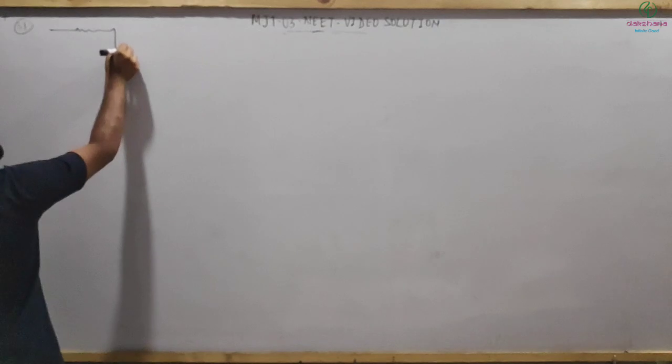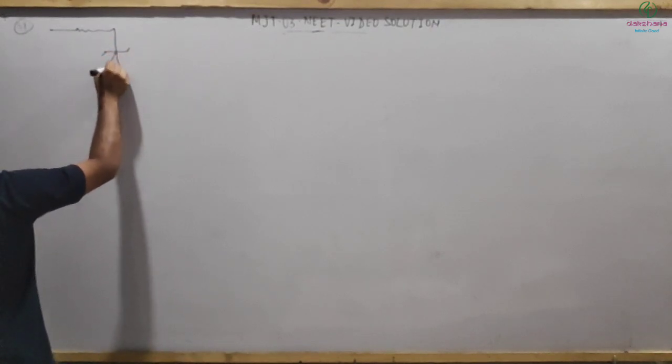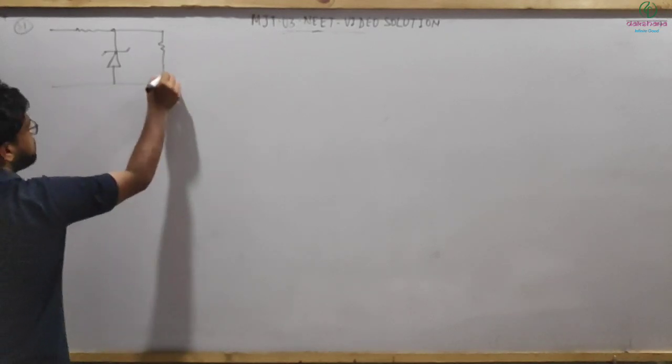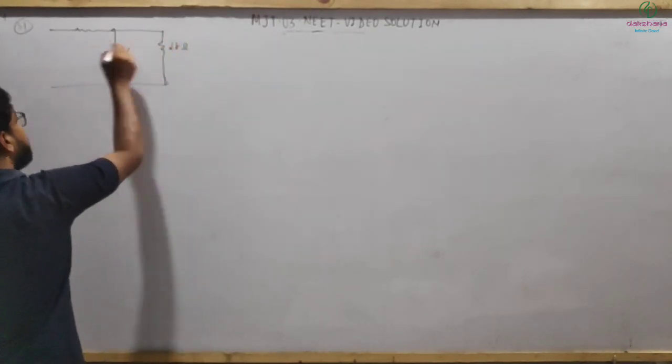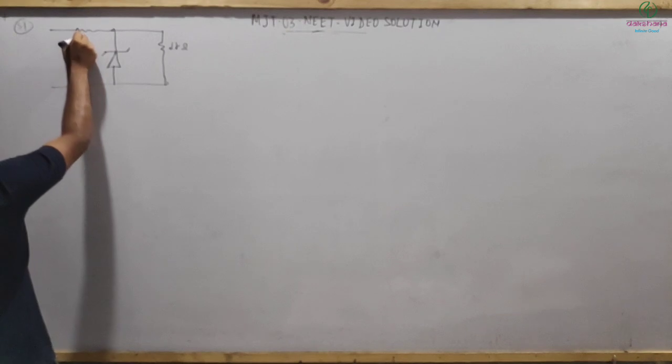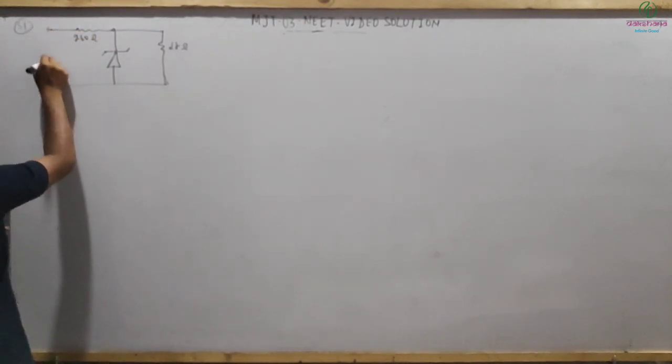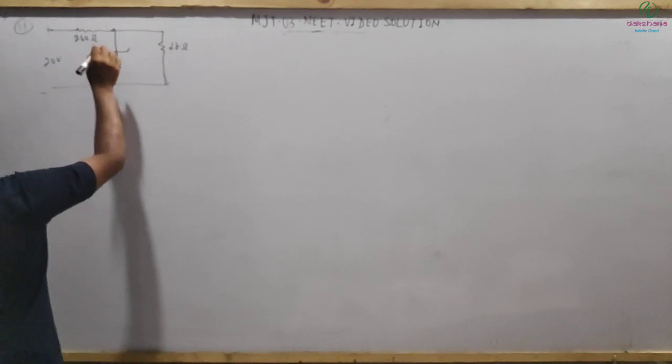This is the Zener diode, and resistance 1 kilo ohm. This is 250 ohm, and 20 volt.